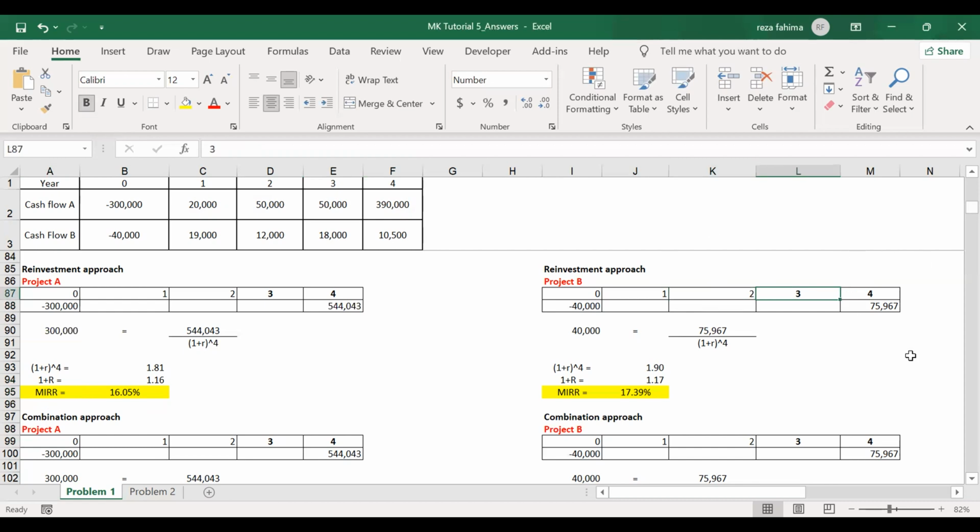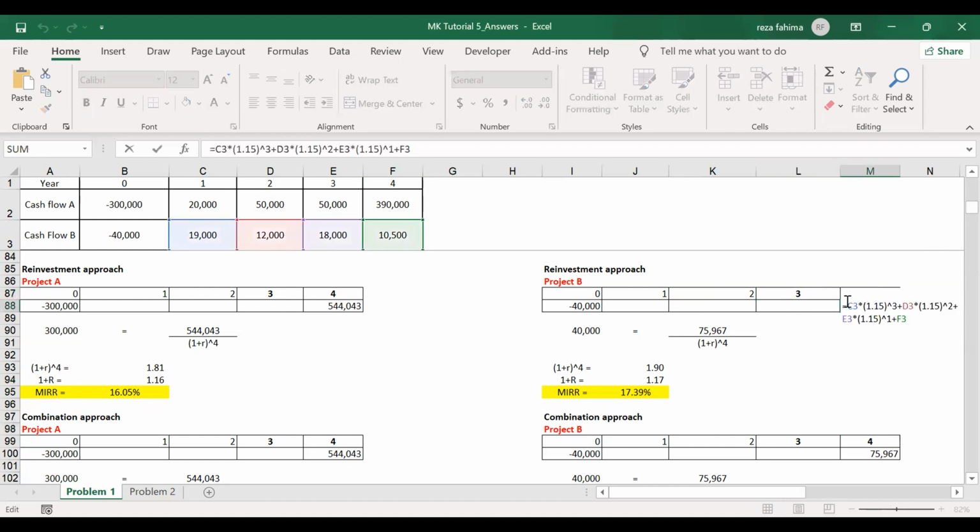Also, the same for project B, we compound all the cash flows from years 1, 2, and 3 into the fourth year of the investment period. It means the formula becomes: the cash flow of the first year of investment B multiplied by 1.15 to the power of 3, because 4 minus 1 is 3, plus the cash flow for year 2 multiplied by 1.15 to the power of 2, because 4 minus 2 is 2, plus the cash flow of year 3 multiplied by 1.15 to the power of 1, since 4 minus 3 is 1.